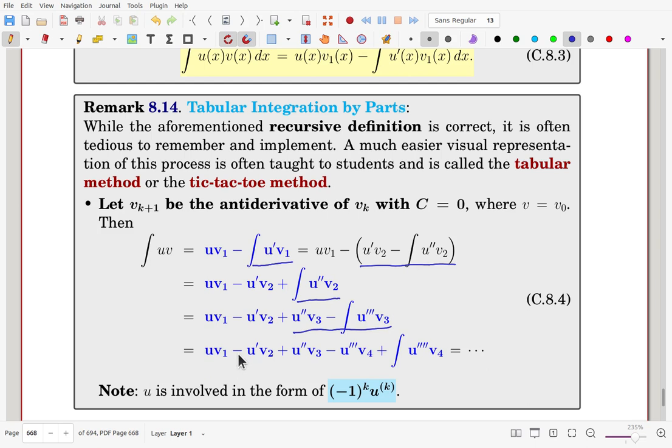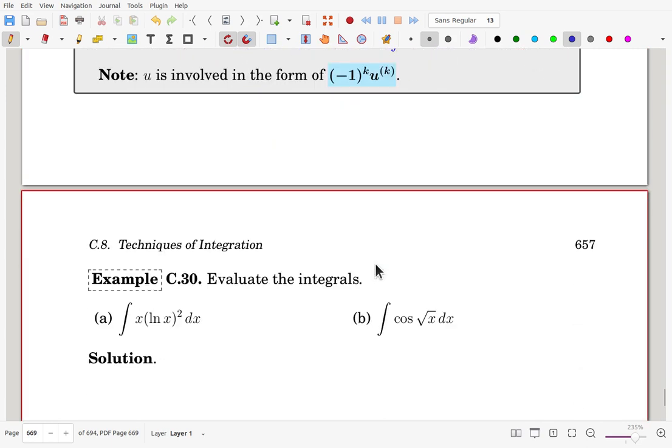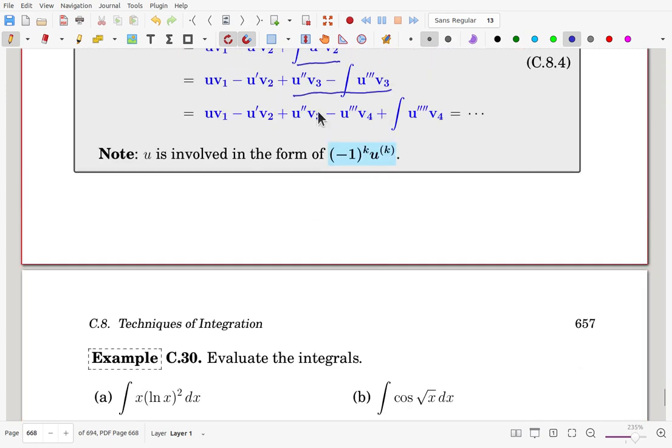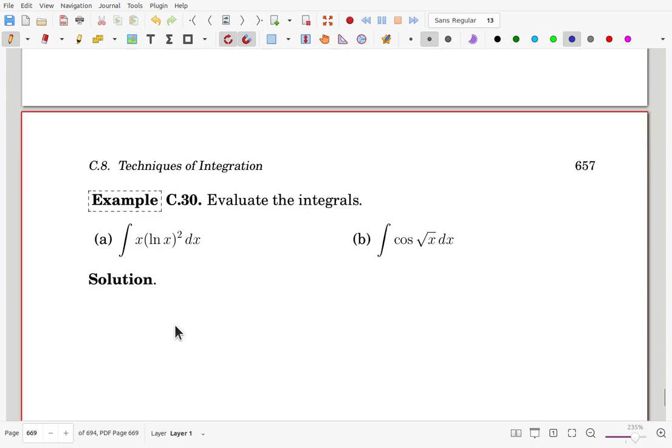First derivative is negative, double prime positive, triple prime negative, and the fourth order derivative is positive. So you can use this formula for repeating cases or polynomials and those functions.